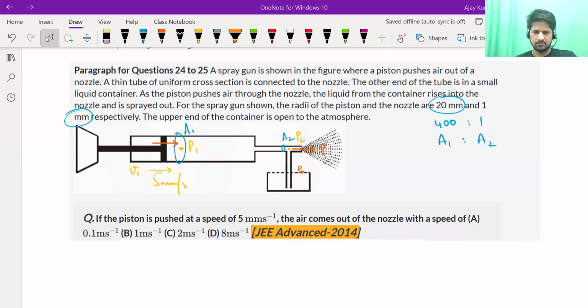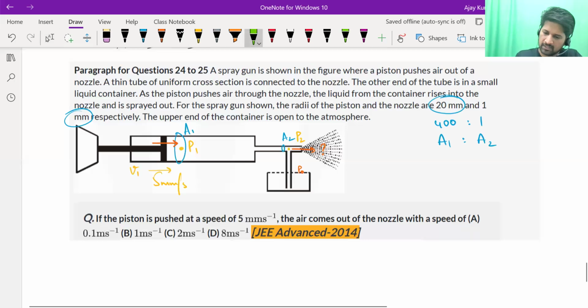Yes, sir. Possible. That is fine only, actually, because there is a pressure difference in this tube. I am highlighting that vertical tube in green. In that tube there is a pressure difference. The water surface is at pressure P naught. In the horizontal column, the pressure is less than P naught. P2 will be less than P naught.